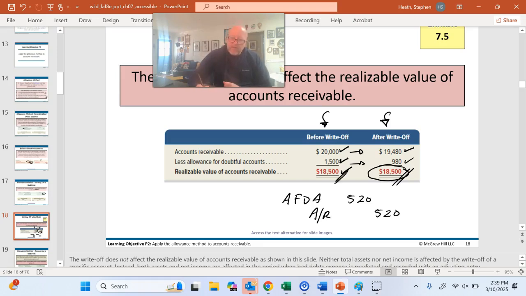It hasn't changed after the write-off. Because before the write-off, we were saying, hey, there are going to be some customers that don't pay. And then after the write-off, it's like, okay, well, those customers didn't pay, and we had planned for that. And therefore, when we write somebody off, it doesn't really change the net receivables amount.